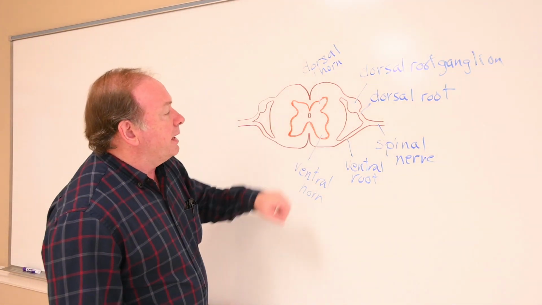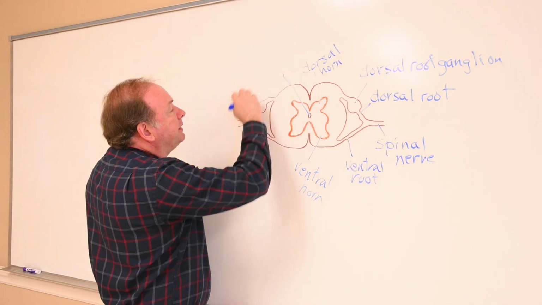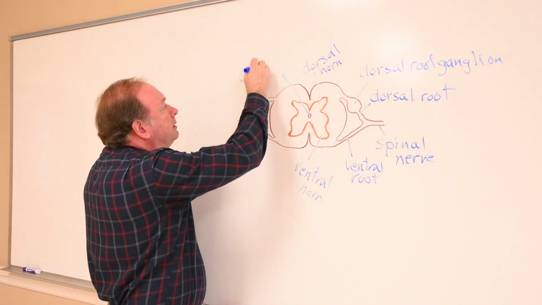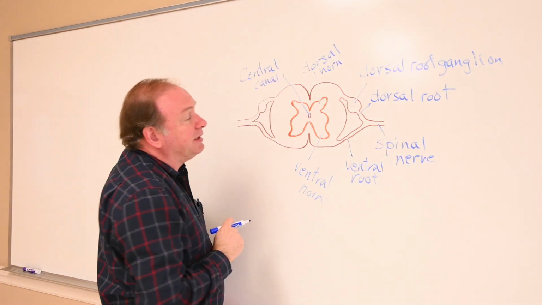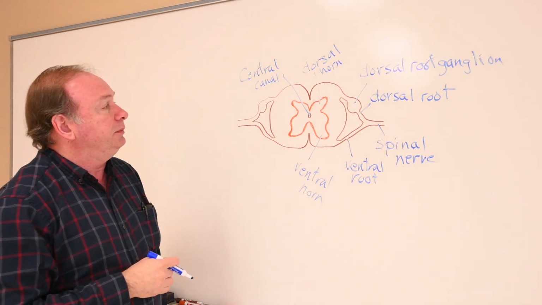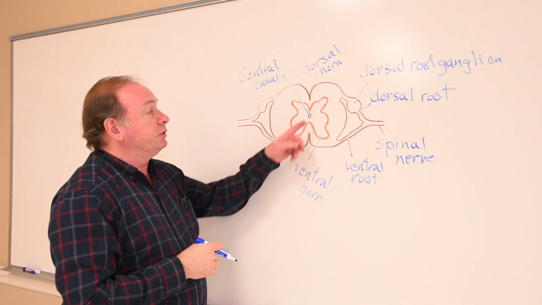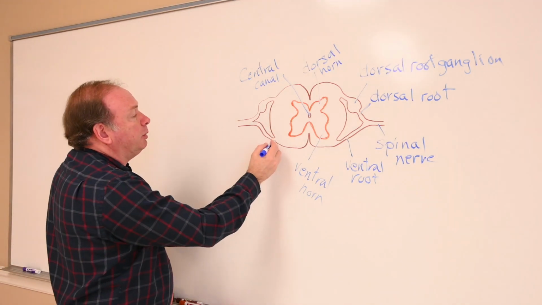In the very center of my diagram right here, we have the central canal, which contains the cerebrospinal fluid. So our dorsal horn of gray matter, ventral horn of gray matter, our white matter out here in the periphery.